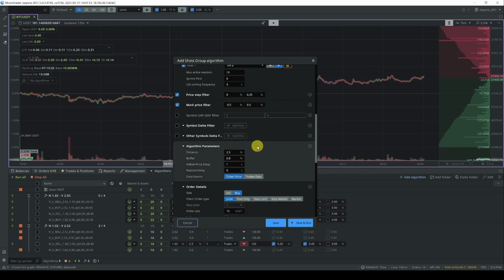Now, the algorithm parameters, distance. Let's have a very unsafe distance from what I understand so far. Let's make it 0.6. Okay. Buffer, let's make a smaller buffer. It is pretty much showing you how fast your order tries to catch up with the moving price.